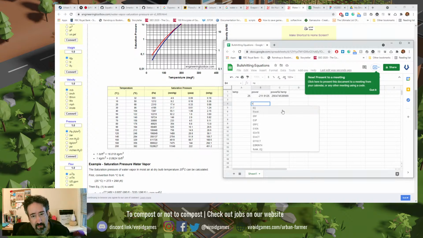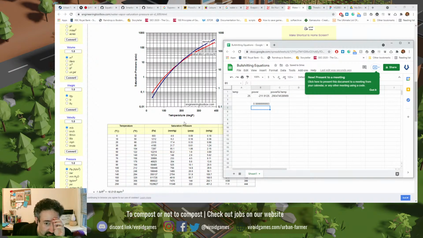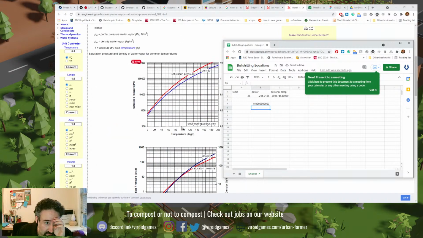How do you get the constant E here? It's Euler. Get pi as pi. How do you get Euler number? Exponential. Okay, there you go. Exponential exponent. Exponent is, if we do this over this, get this one. Not a good result.